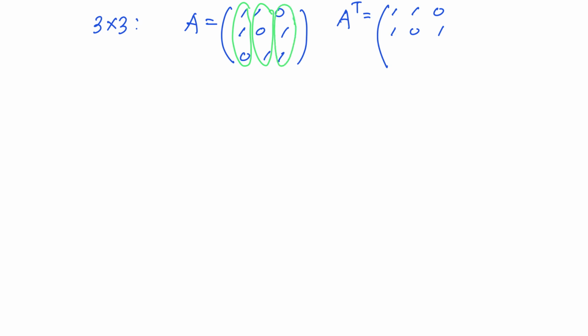Third column becomes third row, so 0 1 1, right? And A dagger is A transpose with the complex conjugate, same as A, because in this case we have only real numbers. So this is a symmetric matrix.